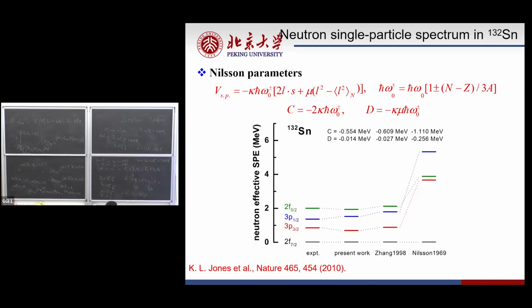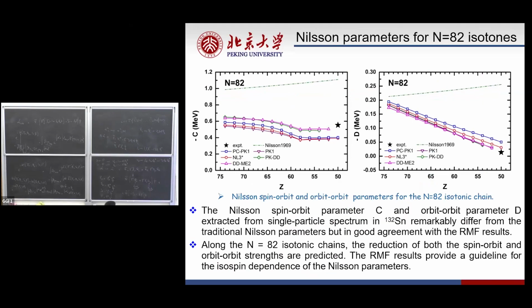So then, of course, to help people who still use, for example, the Nilsson model, we also use the present relativistic density functional to provide new Nilsson parameters.